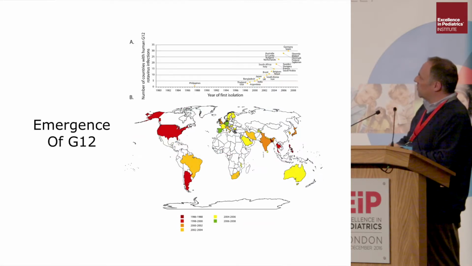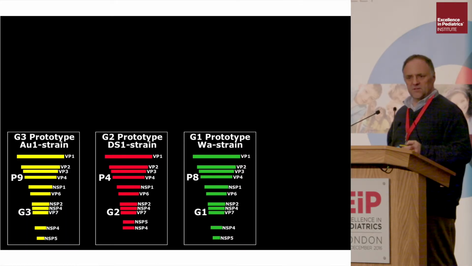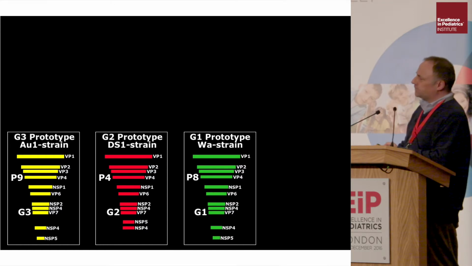A couple of years ago, we were quite interested in the emergence of G12. G12 was first isolated very seldomly, and then suddenly around 2002, it started to emerge. We studied that in a little bit of detail, and it's illustrative for the evolution and the diversity which is hidden in these rotavirus genomes.